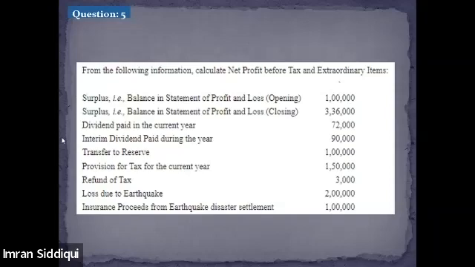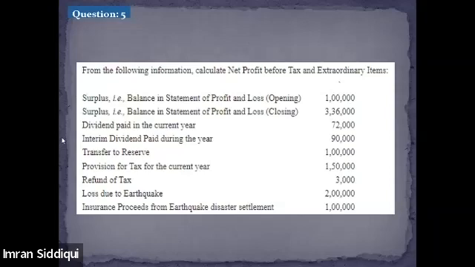So transfer to reserve, proposed dividend, interim dividend, provision for tax, and the loss due to earthquake. We will be adding all of these. Why? Because these are not ordinary expenses, and we must have subtracted them earlier. So now to determine the correct amount of profit, we will be adding them. All right. So these will be added.